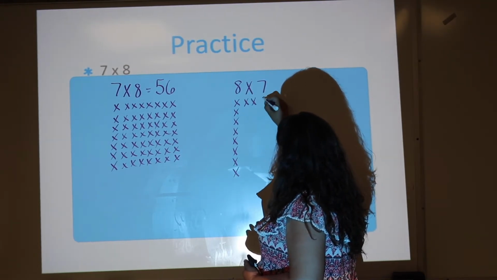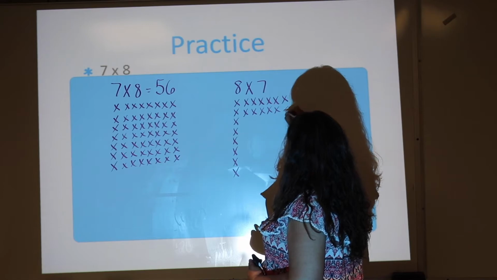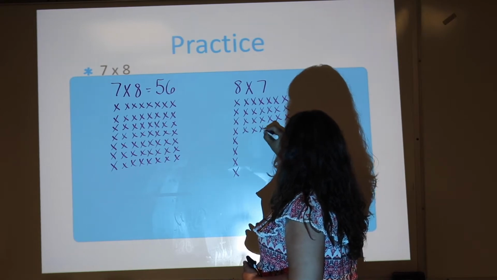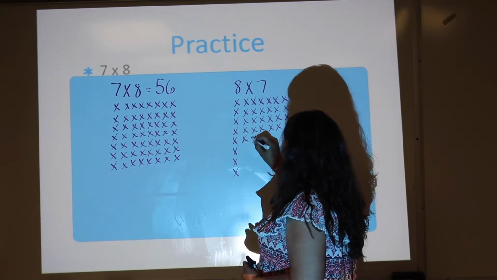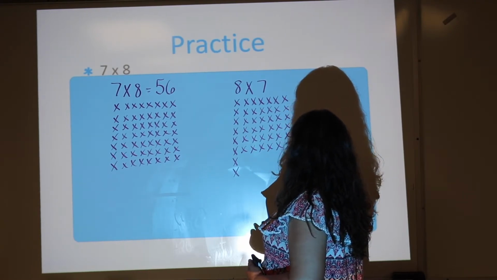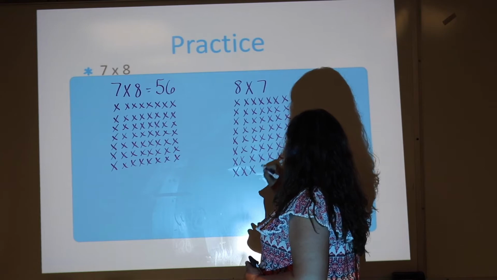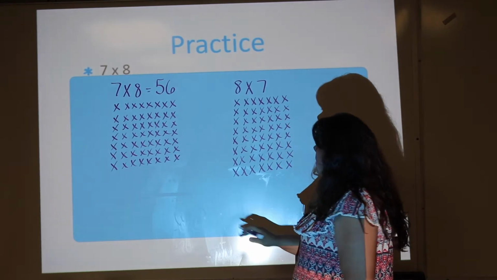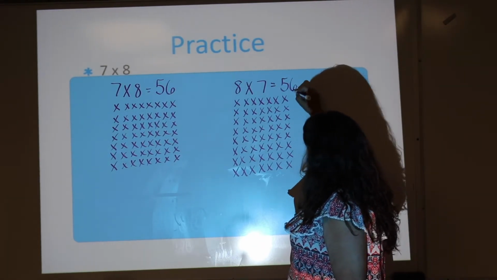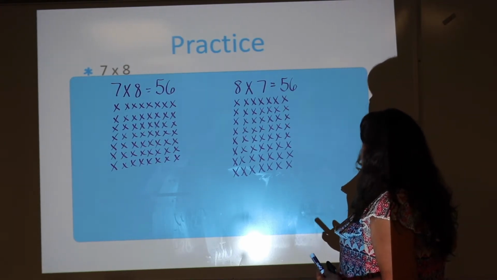And I keep going, this time counting by 7. Counting all of these up, I would still get the same product of 56. Commutative property just means we switched the order of the factors and we have 2 of them.